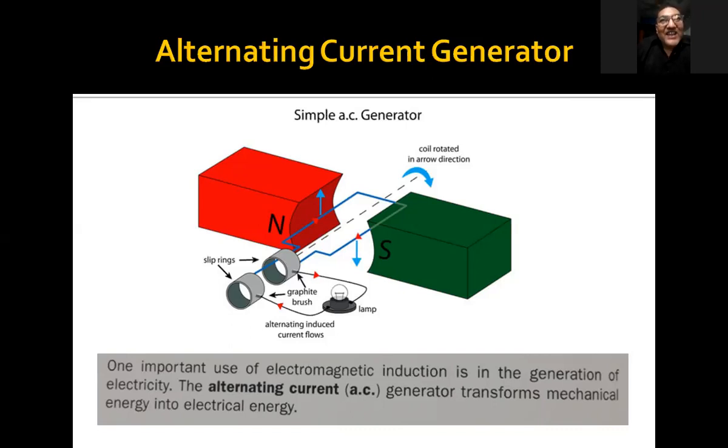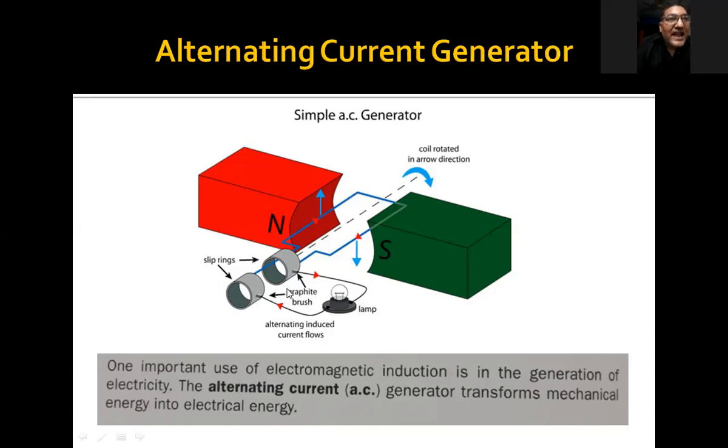This end of this coil is connected with this slip ring. Remember, this word is different. Don't confuse it with the split ring commutator. That is in the DC motor. Here we have slip rings. So this side of the coil is connected with this slip ring, and this side of the coil is connected with this slip ring.